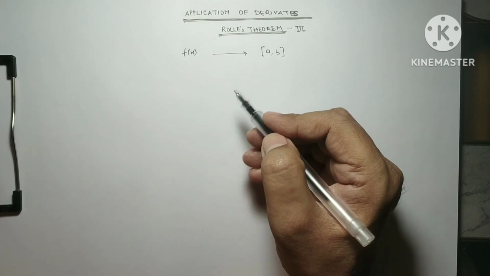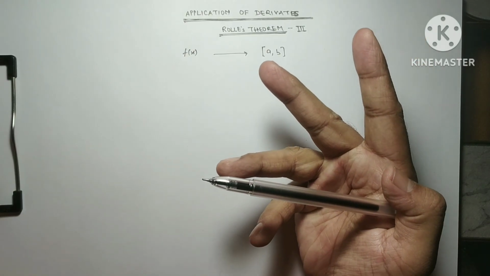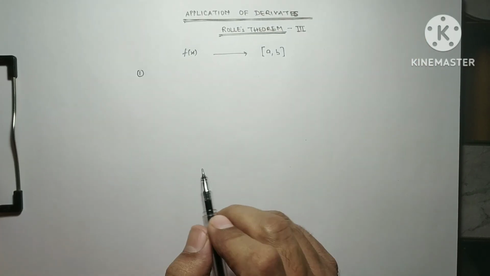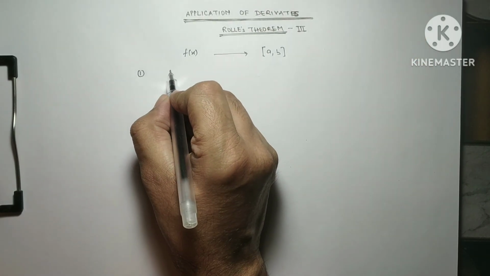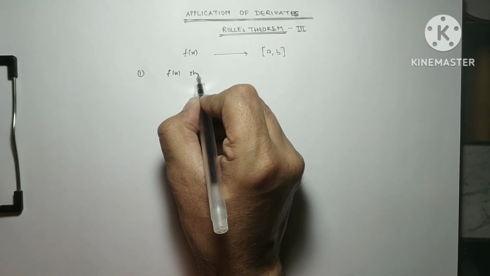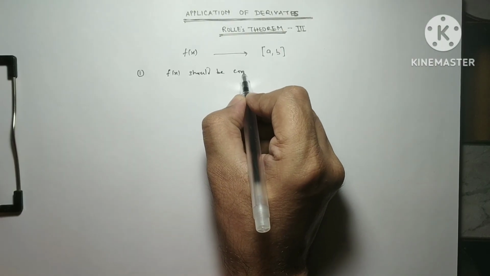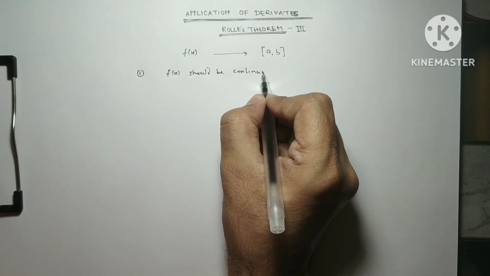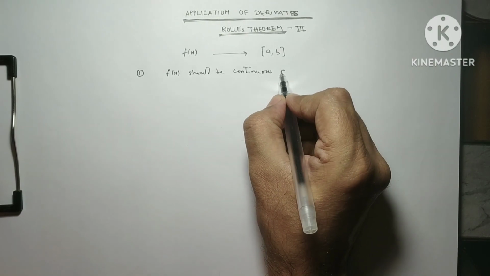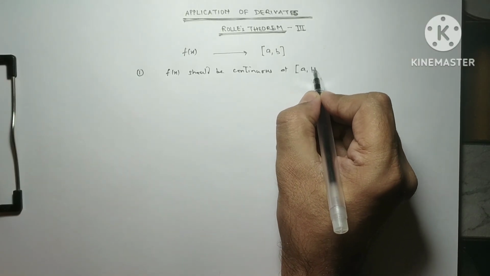For verification of Rolle's theorem, we have three conditions. Number one, this given function should be continuous at closed interval [a, b].